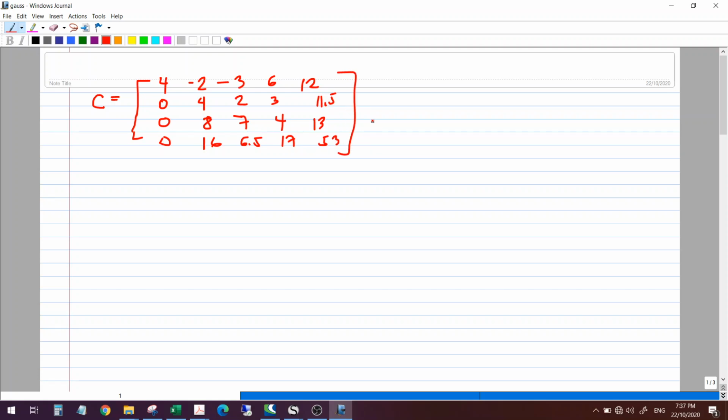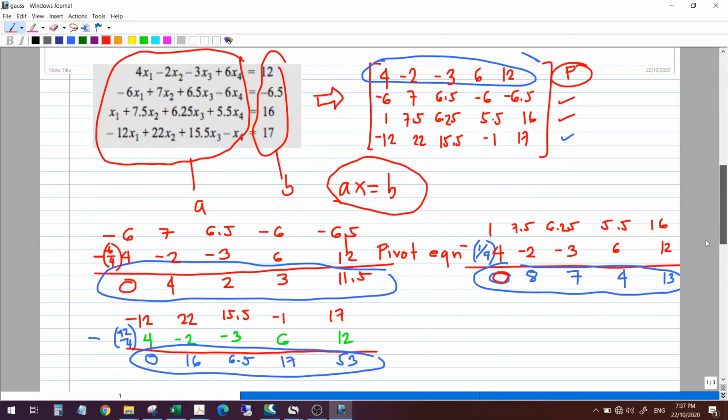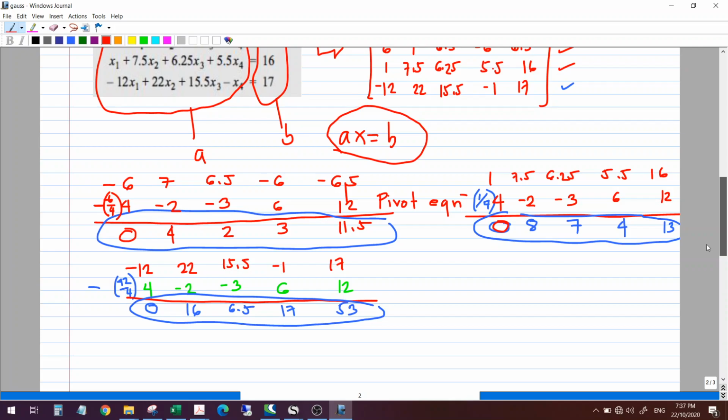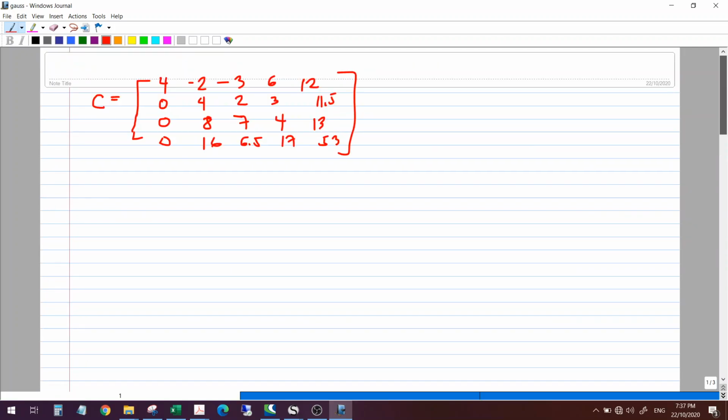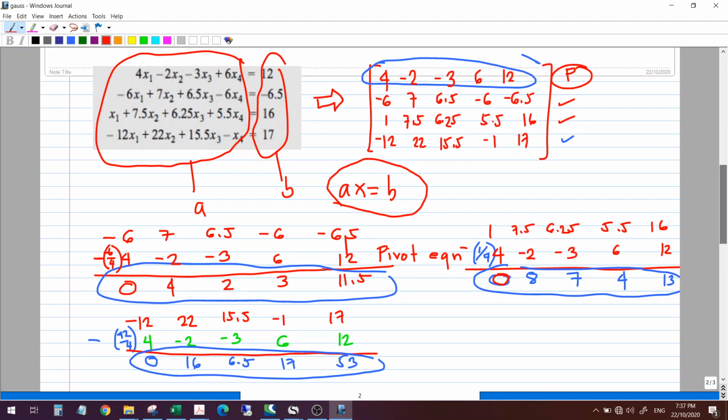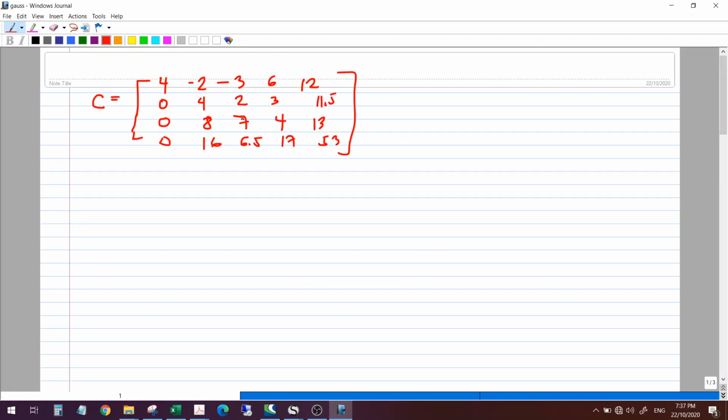So that's our new matrix C. So that's it. So that's the new matrix.